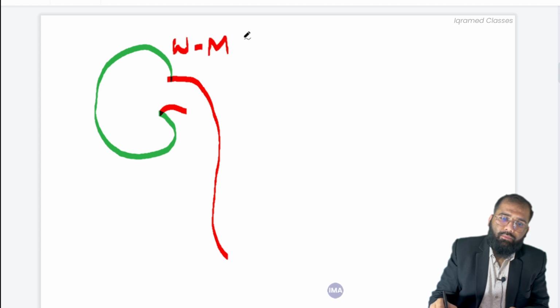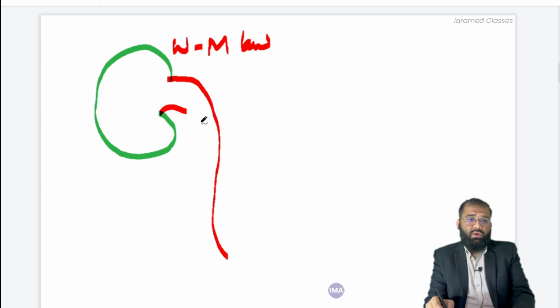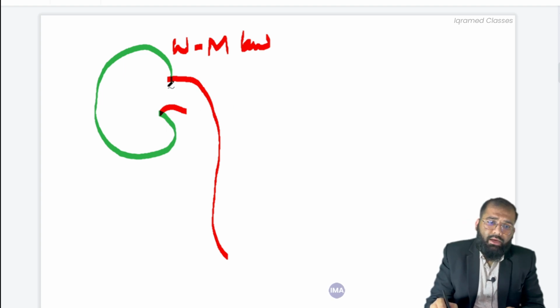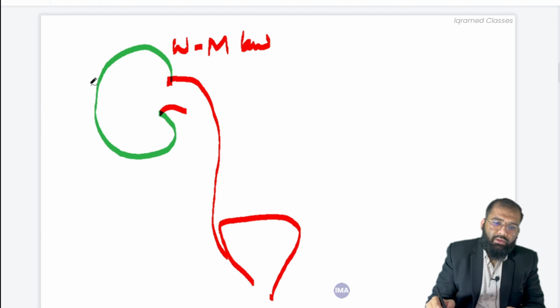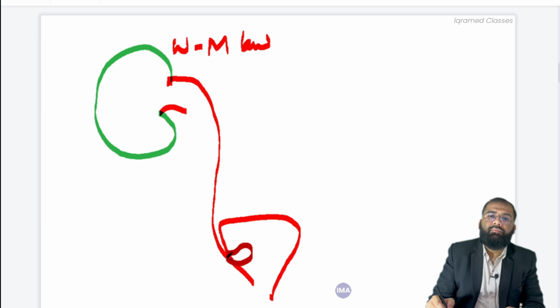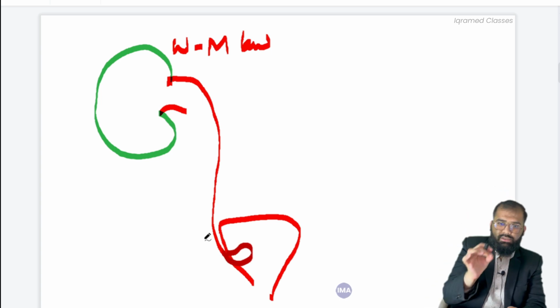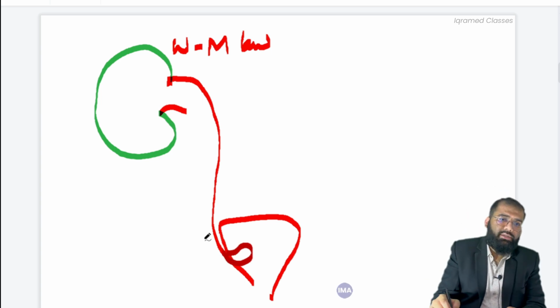So what is Weigert-Meyer law? It states that the upper ureter, when it inserts in the bladder, goes down, and there is ureterocele at its end. So the upper ureter inserts down and there is ureterocele at its end.